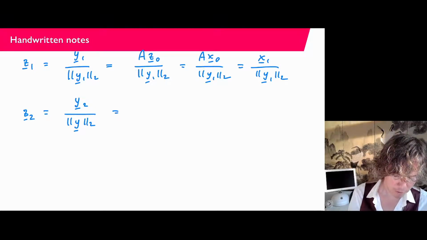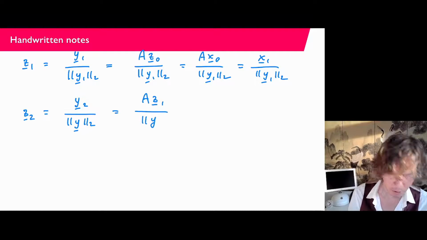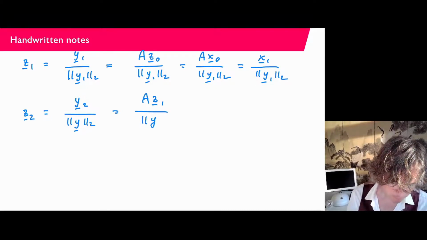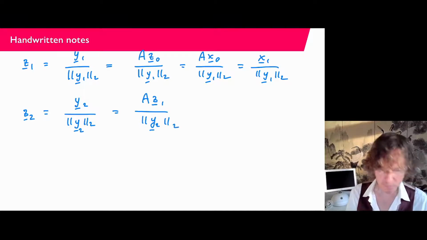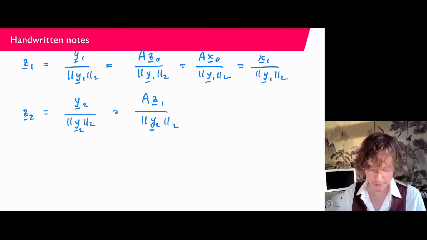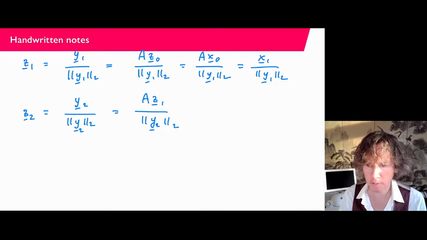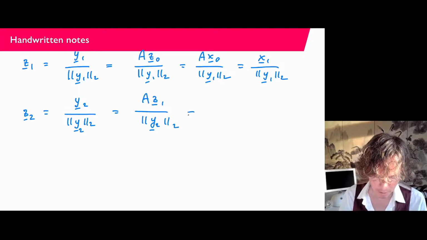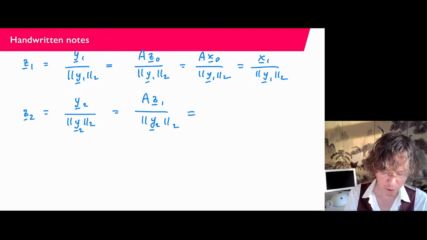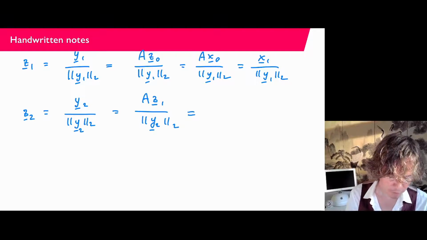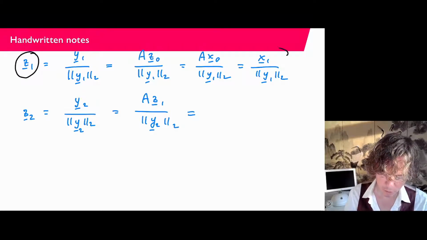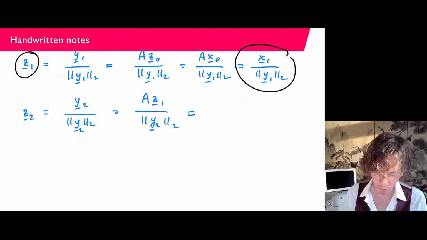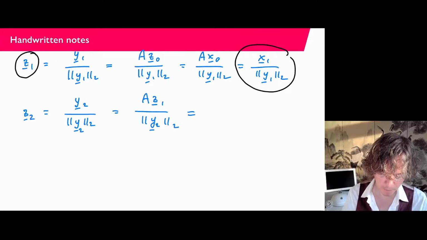y2 is defined as a z1. And I'm just going to copy this length of y2 here. And a z1, let's plug in what we just found here. So we have found that z1 equals x1 over y1. So I'm going to plug that in here.